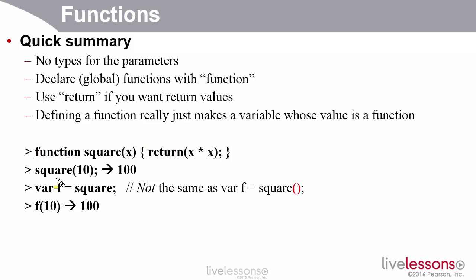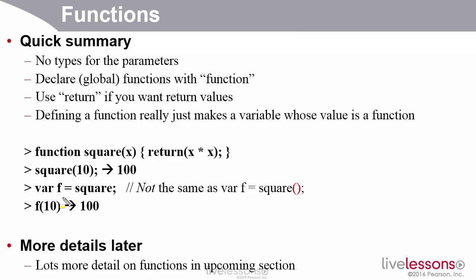And I can make a new variable called f and point it at the old value, and then f and square are synonyms. This is confusing, and so wait till we get to the interactive example to see that in a lot more detail.